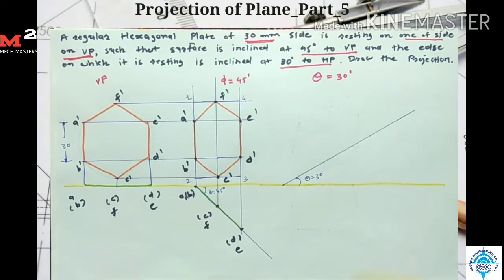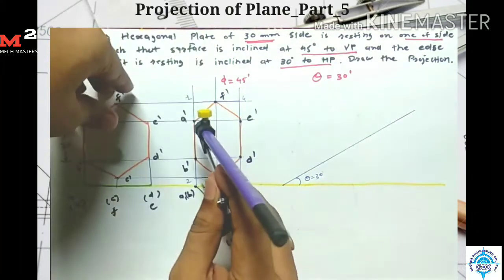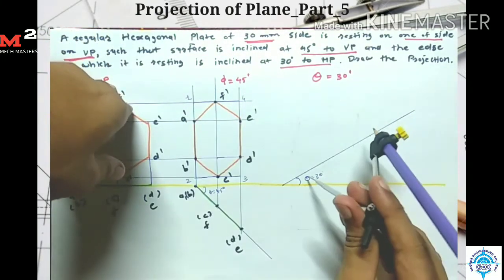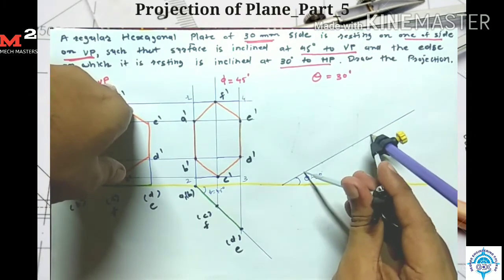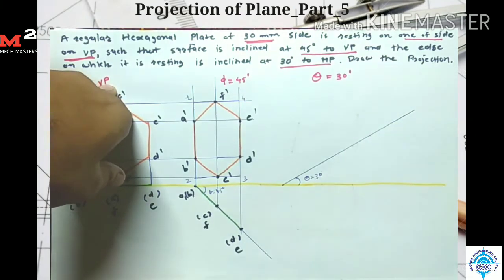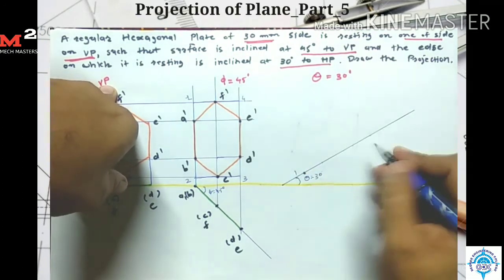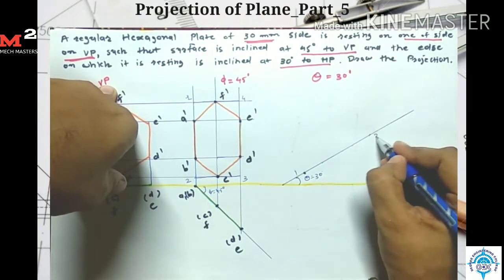So for that I measure this distance 1 to 2 and draw one arc here. So here I get my point 1, and here I get my point 2.